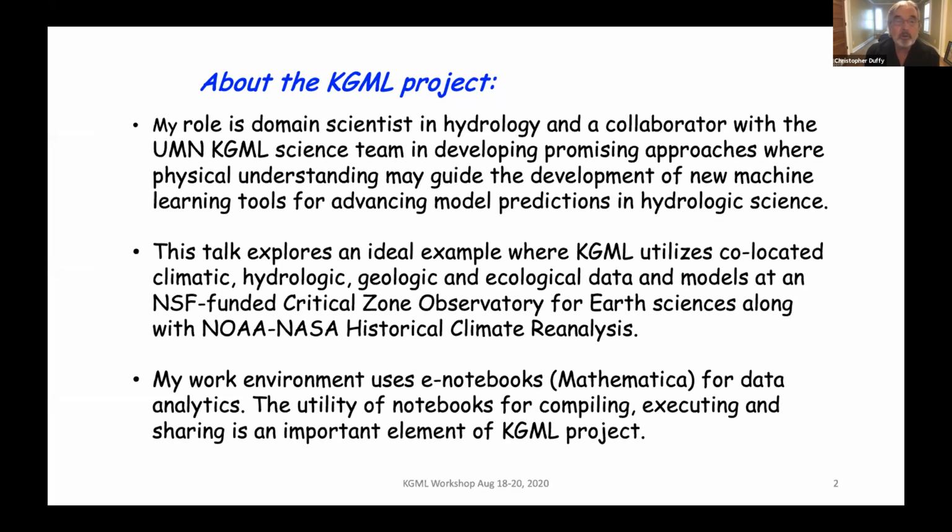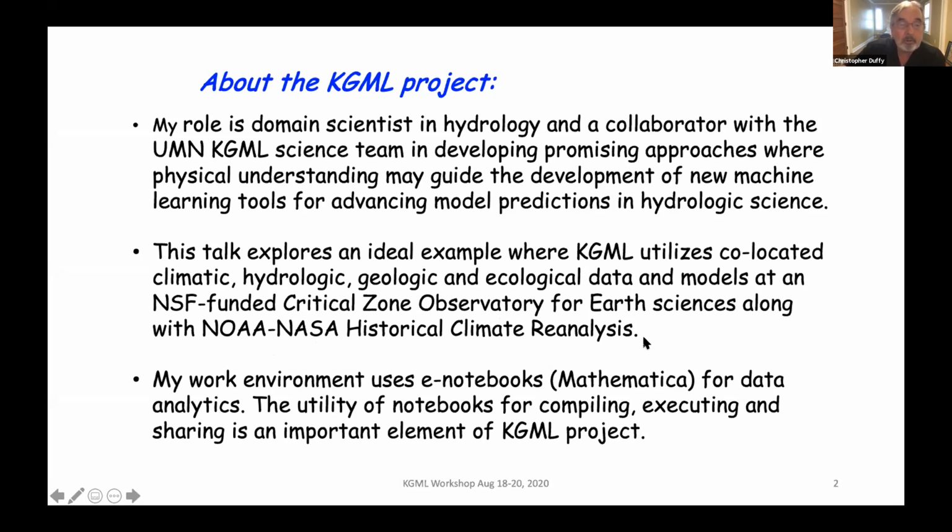In this talk, we'll explore essentially an ideal example where KGML might utilize co-located climatic, hydrologic, geologic, and ecosystem data and models, basically at an NSF-funded critical zone observatory that is linked to the historical climate reanalysis from NOAA and NASA.